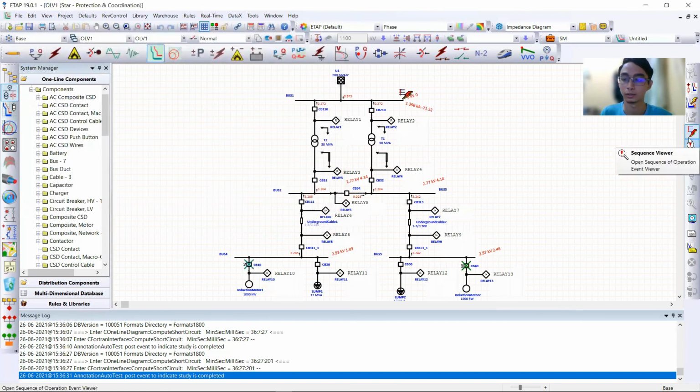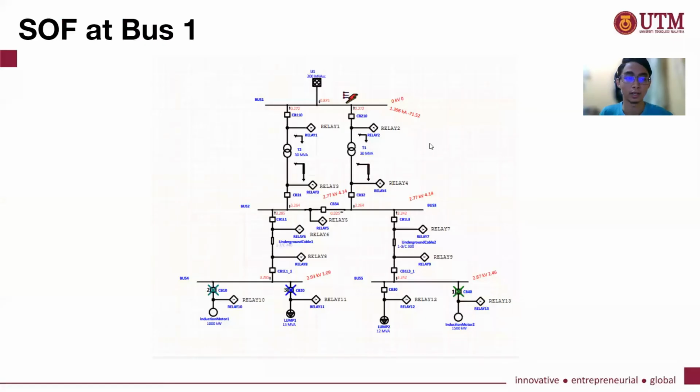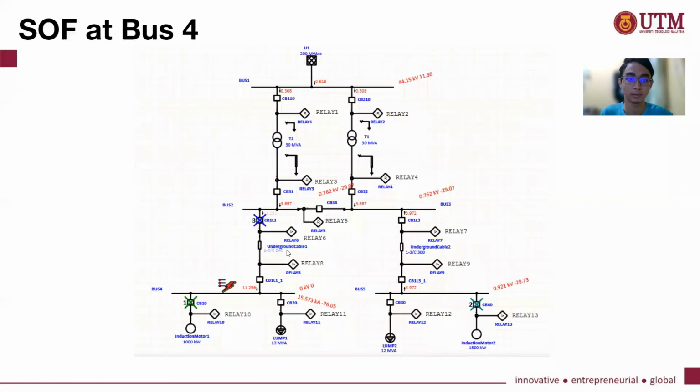Okay, that's the fault at each bus. Then we can see here, this is when the fault is at bus 1, as I told earlier, in the ETAP simulation, which is just the same thing, at bus 1, bus 2, bus 3, bus 4, and bus 5.